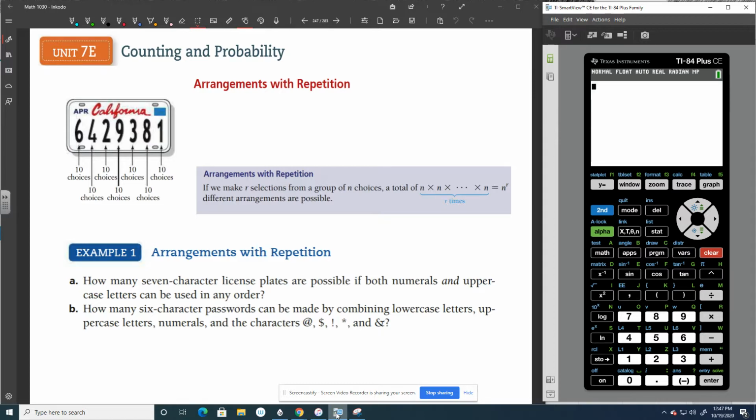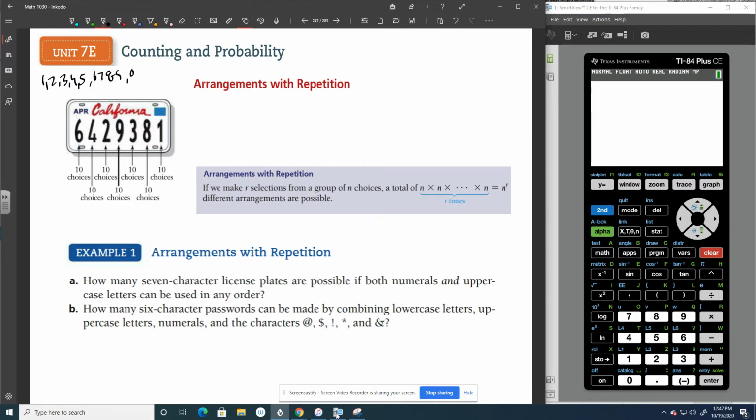And let's just simplify things to start with and say that in a California license plate, there are 7 different numbers. And the first number, you have 10 choices because it could be 1, 2, 3, 4, 5, 6, 7, 8, 9, or it could be 0.